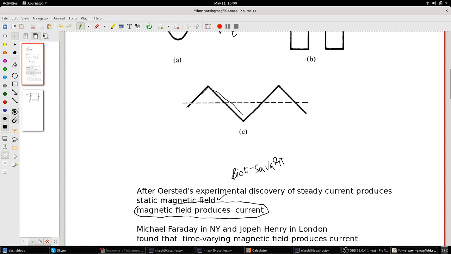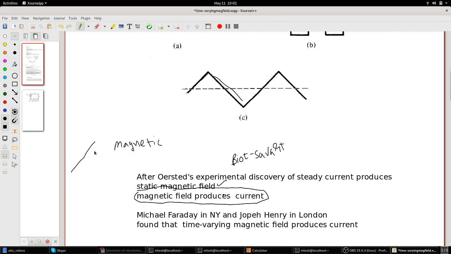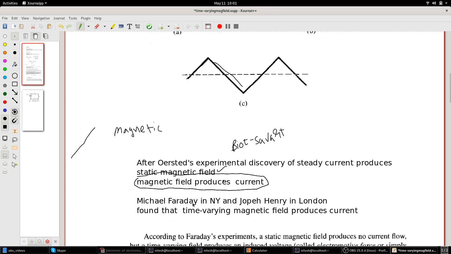Okay, so what people now wanted to know was whether the reverse would be true. Will a magnetic field produce a current or not? Michael Faraday in New York and Joseph Henry, in this case in London, were experimenting on this kind of theory.